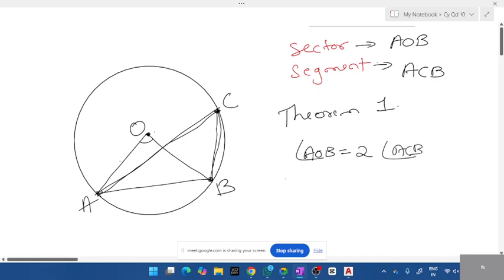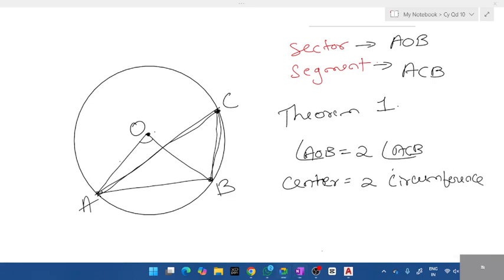Or you can remember it this way: the angle formed in the center will be twice the angle formed on which one? Where is angle C formed? On the circumference. Is it clear? If not, the other way you should remember: what is AOB, sector or segment?